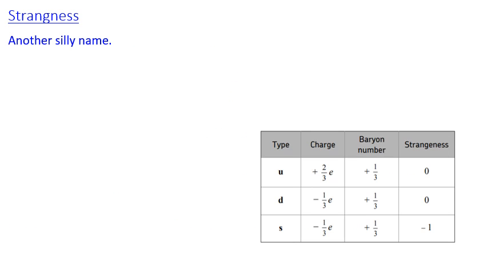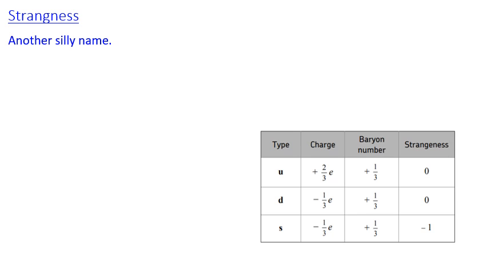Right. Strangeness is clearly a silly name. It was an expression of the fact that the first particles we found with strangeness behaved in a way that was totally unexpected. So people expressed that as them behaving strangely, and unfortunately the name stuck.